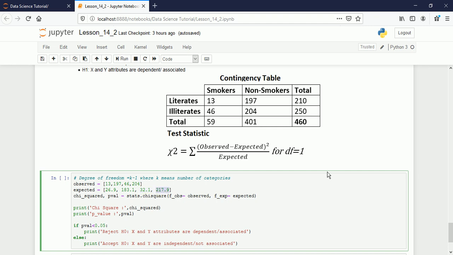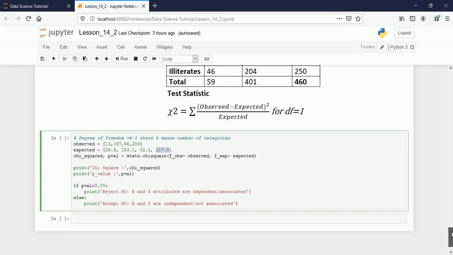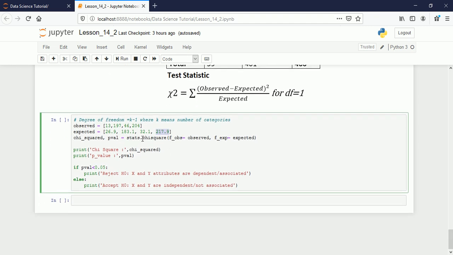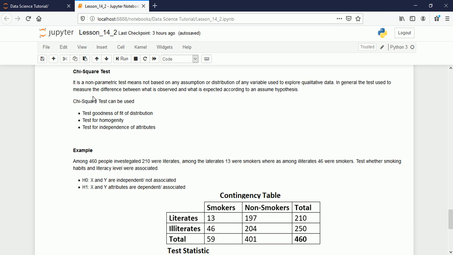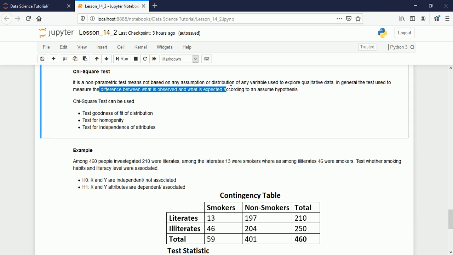Now we have to call the function here, stats.chi-square. This is a predefined function. According to the definition, here we have to measure the difference between what is observed and what is expected.